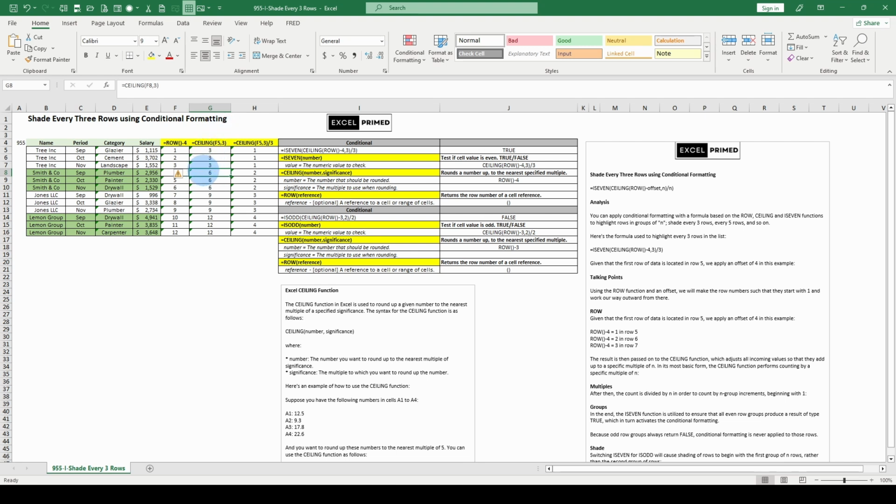So the closest multiple would be 6 divided by 3. That's why we round up. And then here it's equal. We go down here and we have row minus 4, 7. What is the closest multiple to 7? It's going to be 9, and so on and so forth, okay?